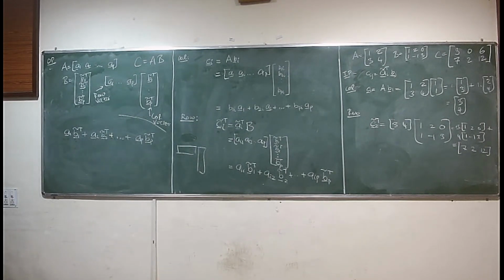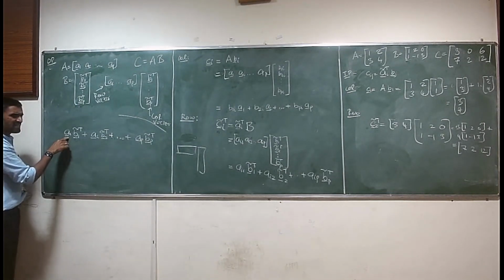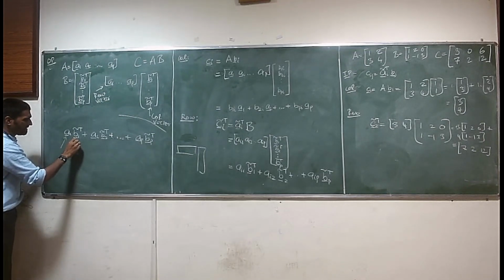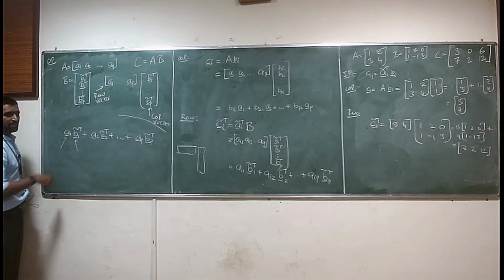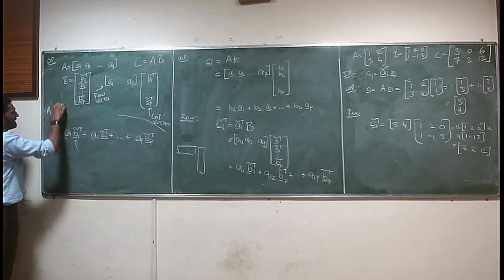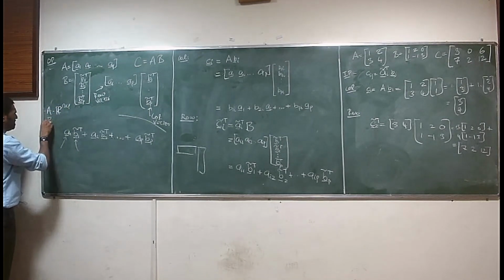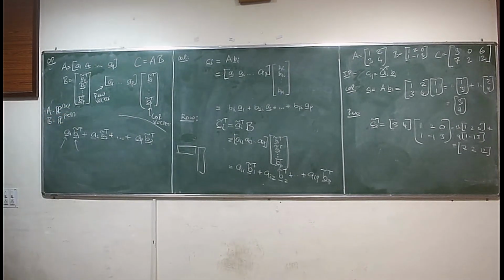Do they match? Where is A1 from, and where are the columns of A from? Where are the rows of B from? Remember, A is R n cross P, B is R P cross M. They match?